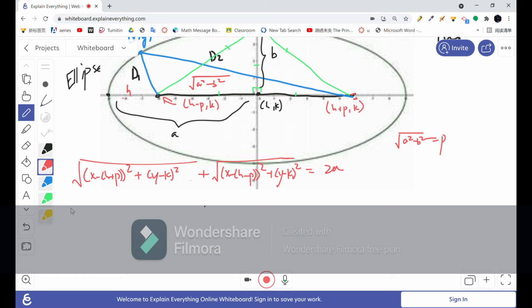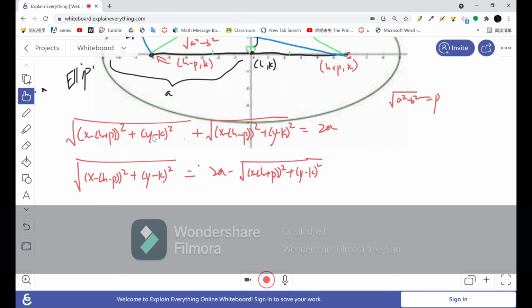So now we're going to have the square root of (x minus h minus p) squared plus (y minus k) squared equal to 2a minus the square root of (x minus h plus p) squared plus (y minus k) squared. Now we'll square both sides to eliminate this entire radical.